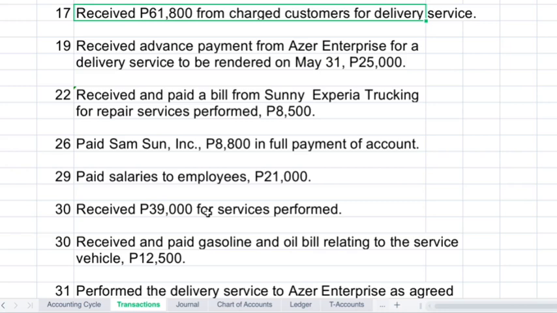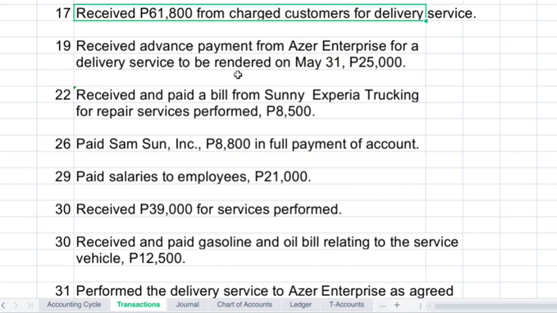Unearned income or unearned revenue. Kasi hindi pa natin nabibigay yung service. So, it is a liability on our part or an obligation on our part na i-render yung service na yon. So, based dito sa napagkasunduan, i-render ng Apple delivery service yon on May 31. Okay. And since na-receive na natin yung payment, i-record natin siya syempre.